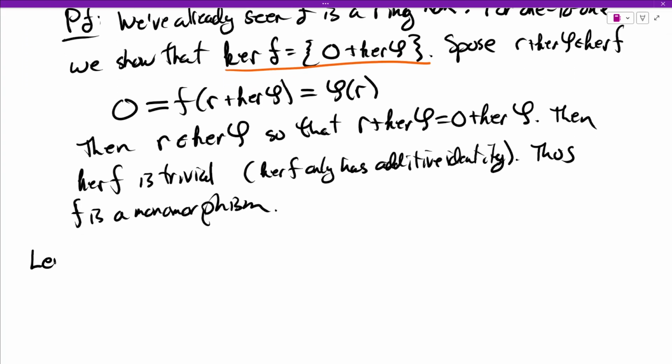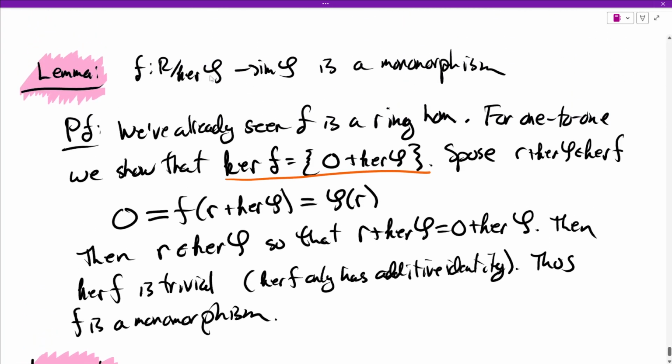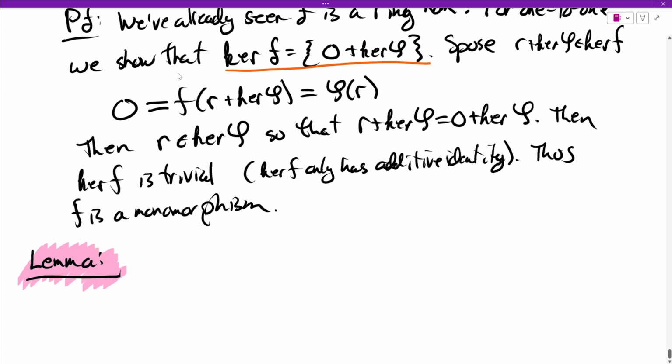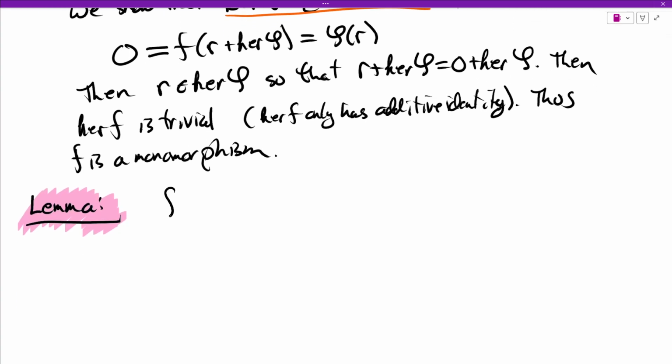All right, let's tackle epimorphism now. I put the domain and range for f in the statement just to remind you. I'm not going to do it here. So f is an epimorphism. Proof?